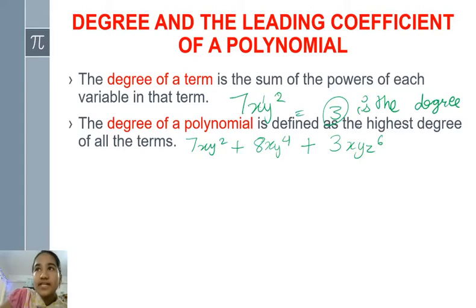What is the degree of the polynomial? Yes, the degree is 6 because this is the highest degree, right?